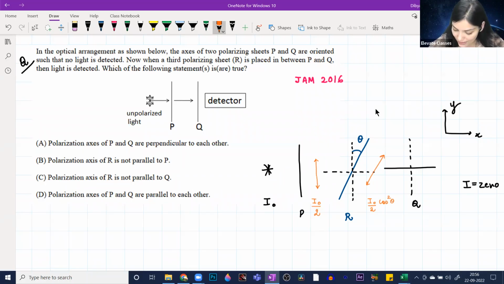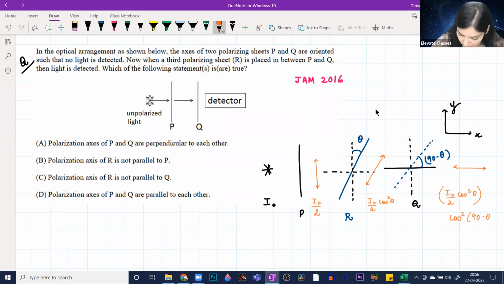So now I have to find out what total intensity I I get here. If I draw a line parallel to the pass axis of R, this angle is 90 minus theta. Okay. So after passing through this, I will get light which is now parallel to the pass axis of my Q. So the polarization of my final light is this. And intensity will be I naught by 2 cos square theta, this whole thing multiplied by cos square of 90 minus theta. Okay. So this is what I am going to observe on the detector.